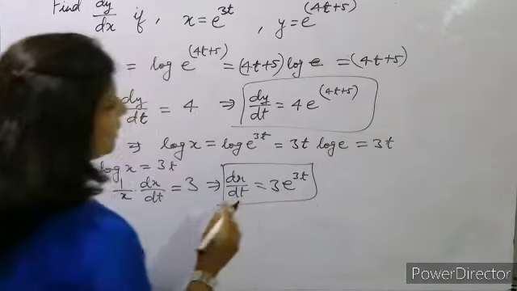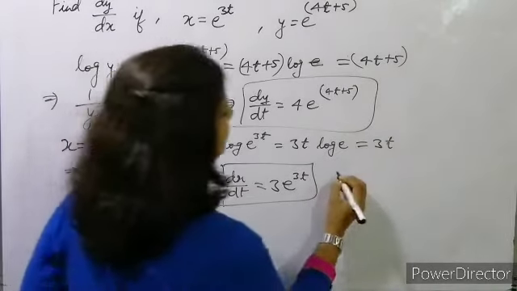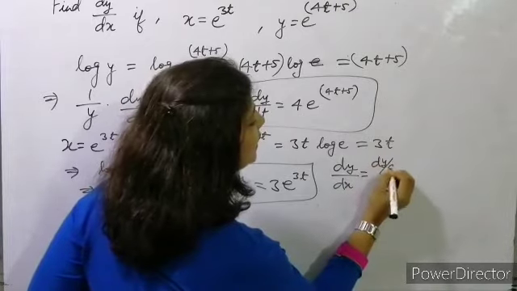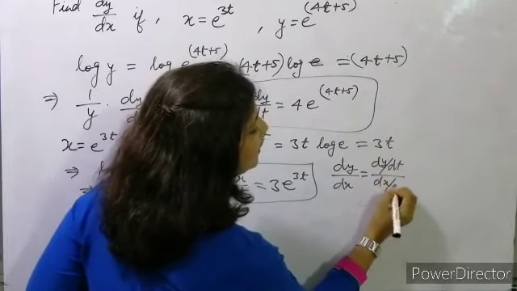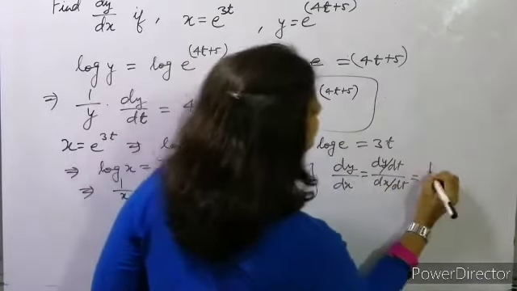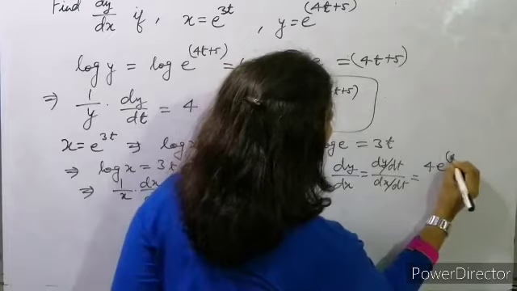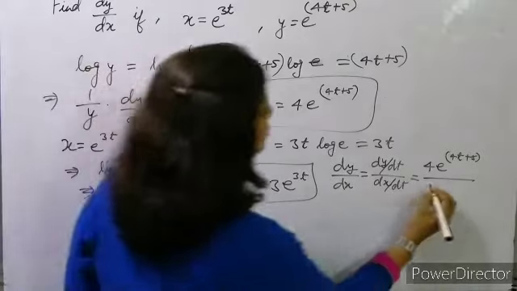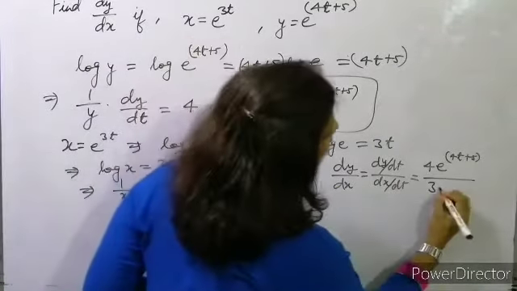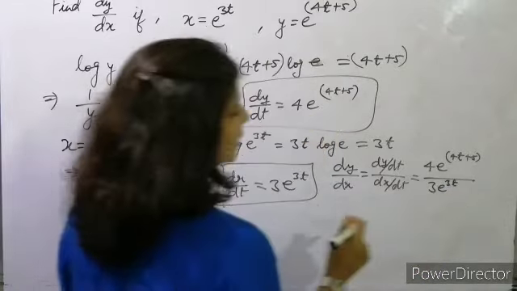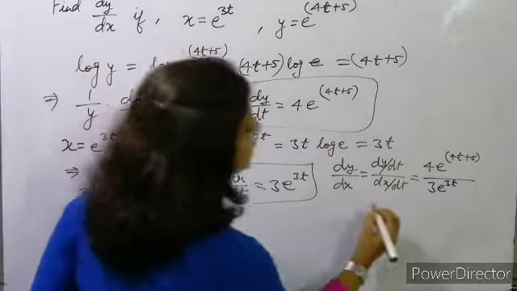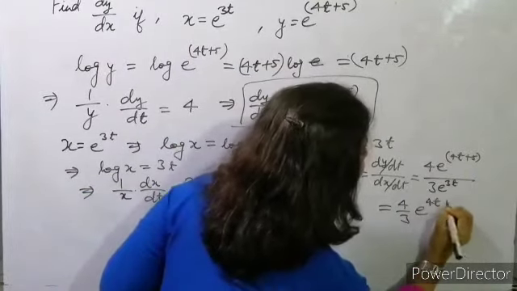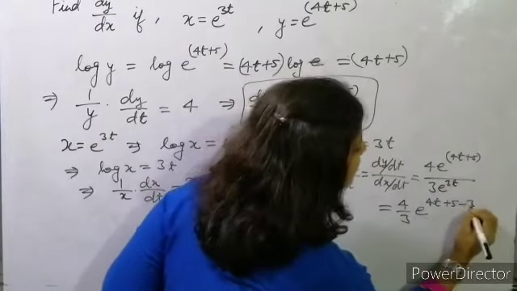Okay, now we have to find out the value of dy upon dx. So dy upon dt divided by dx upon dt. So dy upon dt का value is 4 into e to the power 4t plus 5 divided by dx upon dt का value is 3 into e to the power 3t. ठीक है, so we can also do this like this, 4 upon 3 हम यहाँ लिख सकते हैं e to the power 4t plus 5, and this is minus 3t.